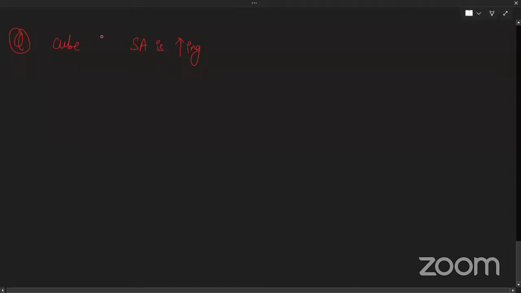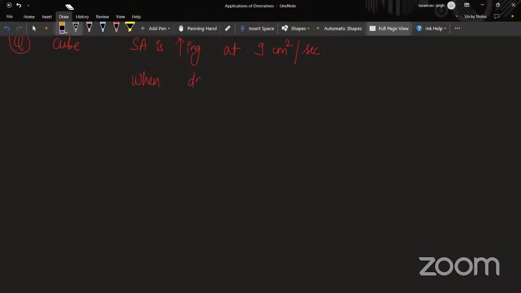So let us try the same question in terms of area. Again, you have a cube whose overall surface area is increasing at 9 centimeters square per second, and again the value of a is given to you as 10.